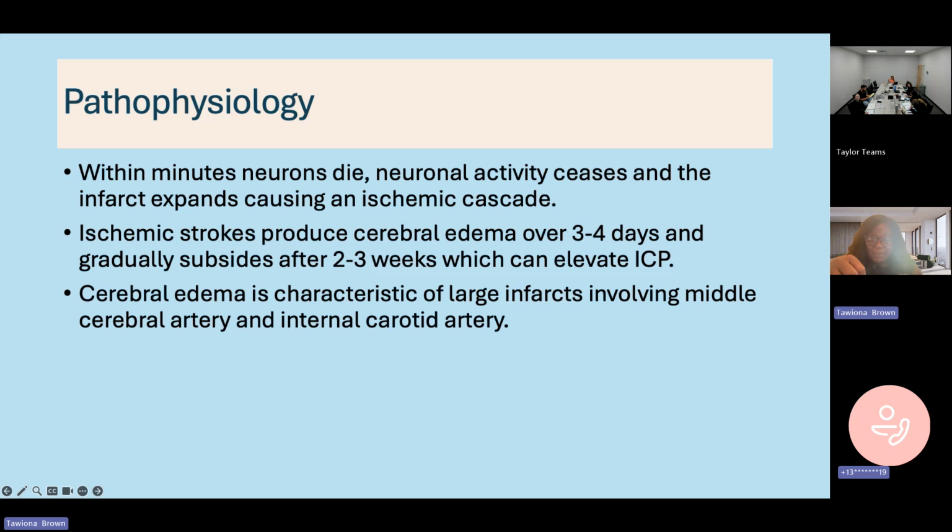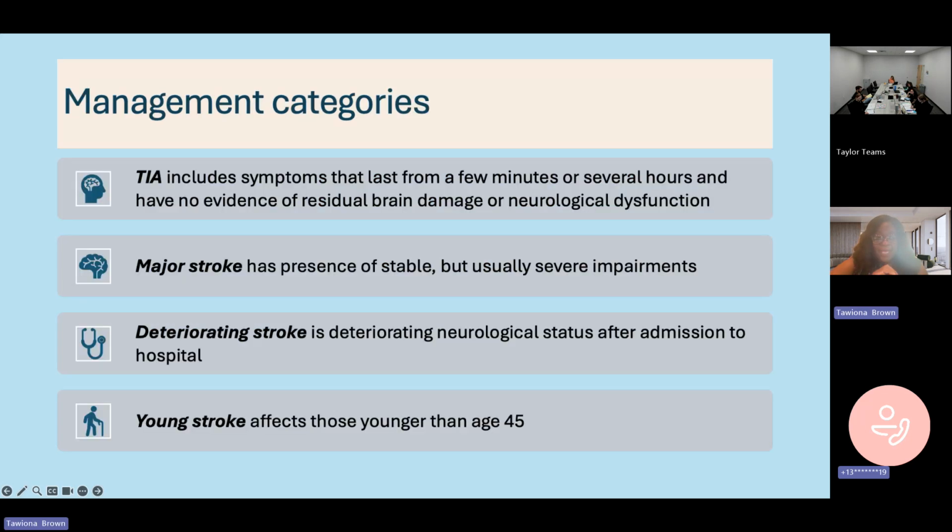That's ICP. And so usually that increased pressure and the death of a lot of those neuronal cells are characteristic of very large infarcts or large strokes. So when I say an infarct, I mean the stroke. And that's usually going to be the middle cerebral artery and the internal carotid artery that are pretty much predisposed to those.